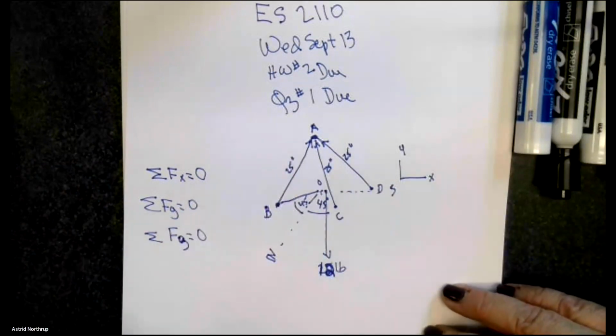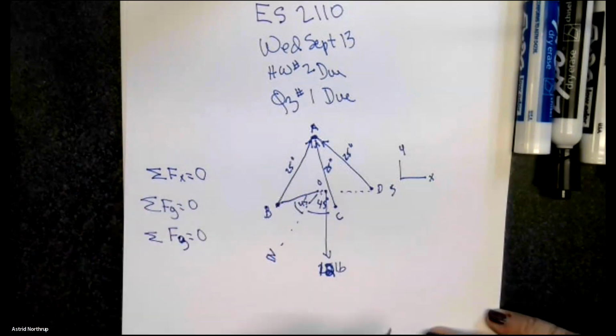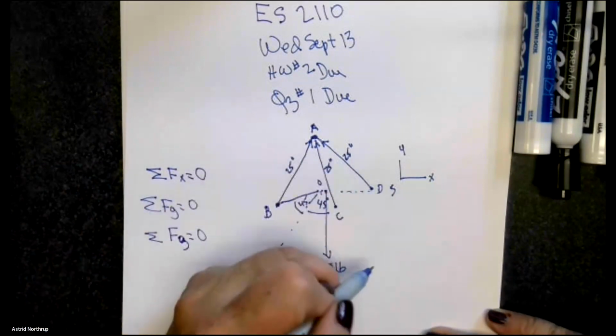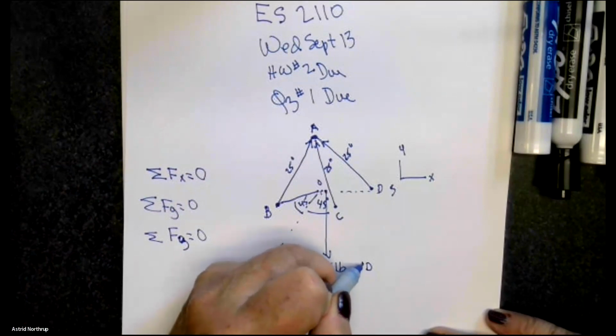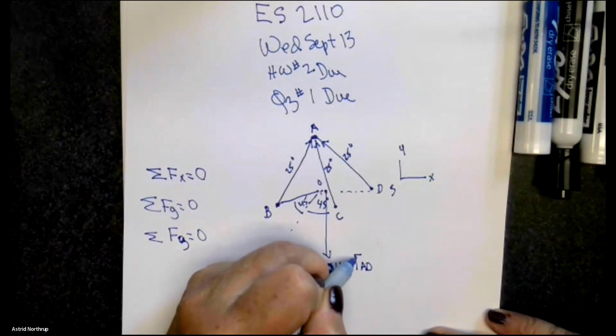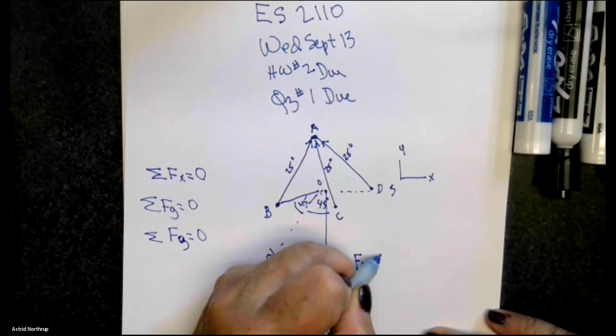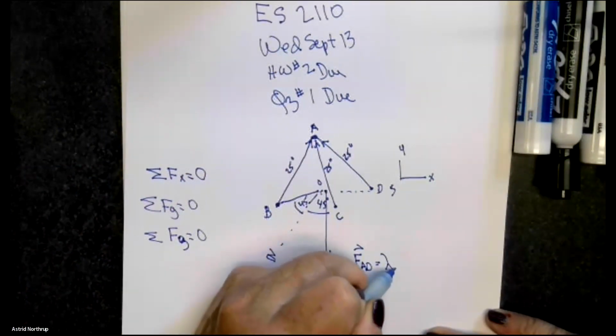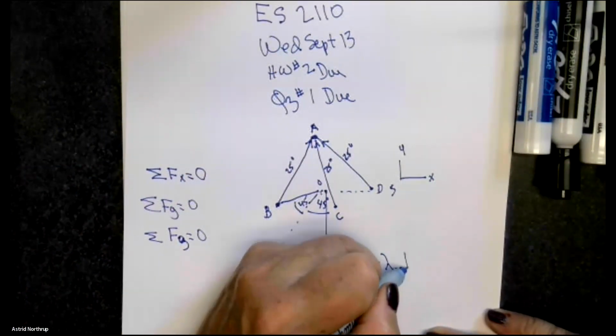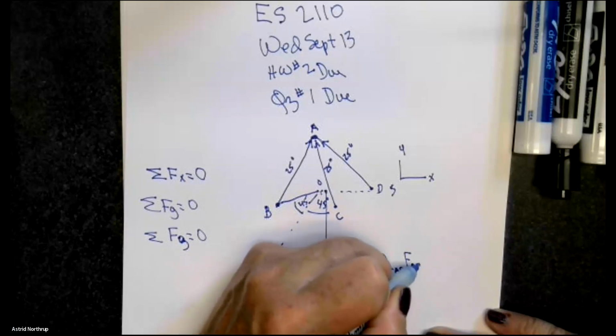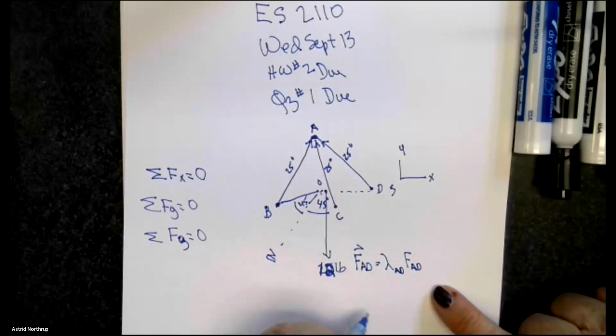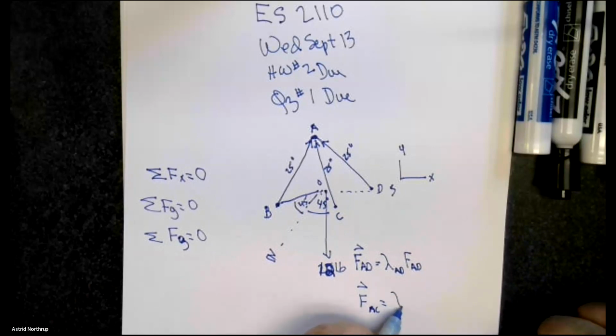To begin working this problem, we know that the force in AD as a vector is going to equal lambda AD times the magnitude of the force in AD. Similarly, the force in AC as a vector is going to be lambda AC times the magnitude of the force.